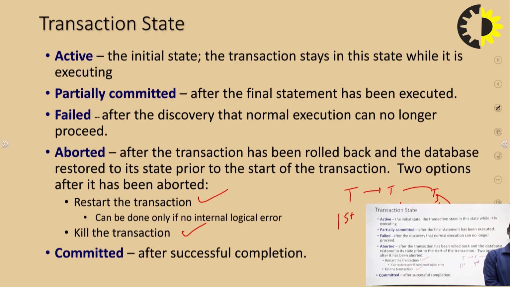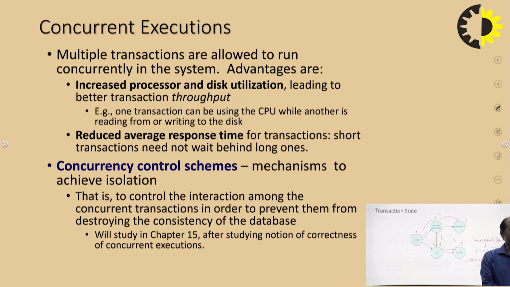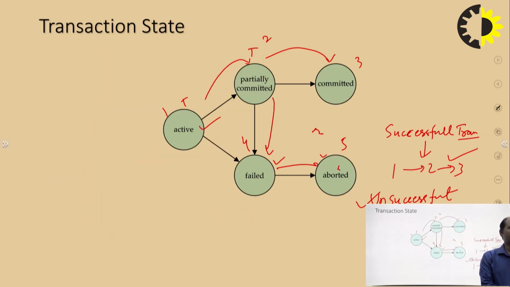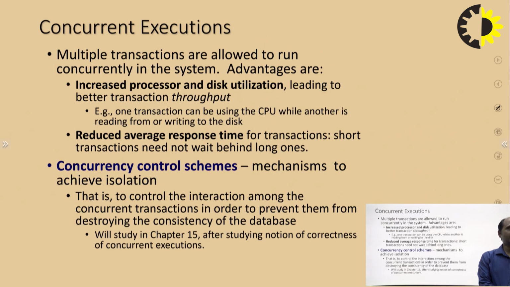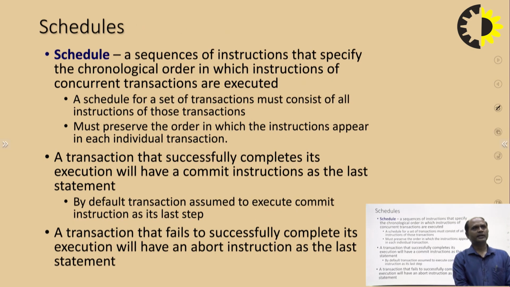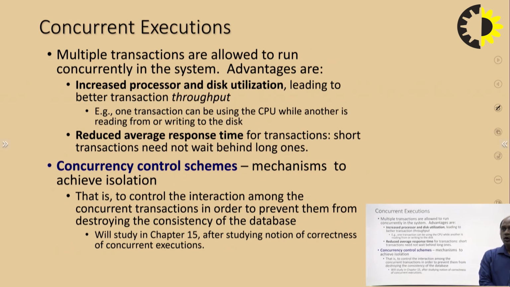So what is a transaction? We have talked about the properties of a transaction and about the transaction states. After the transaction states, we start with concurrent execution. What is concurrent execution? Suppose we take the example of a bank.